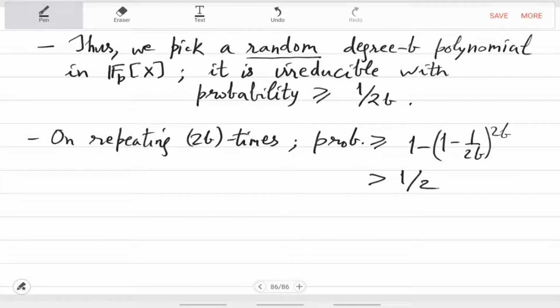Okay, so here is an algorithm that is polynomial time, and it will give you an irreducible with probability at least 50%. You can also increase it by just taking, instead of 2b times, 10b times. Just simply a constant multiple will give you very large success probability.